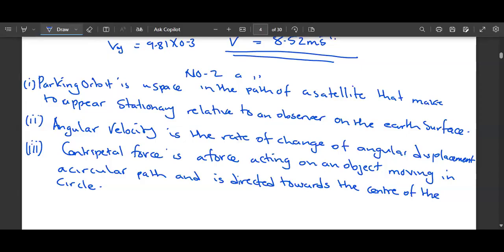Then let us look at the second part, that is part B. Part B, they want us to state Kepler's laws of planetary motion. Let us look at the first law.